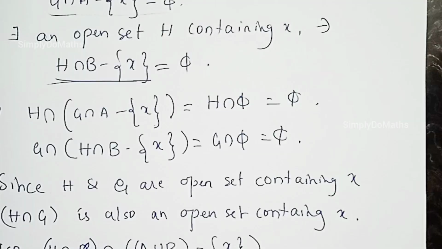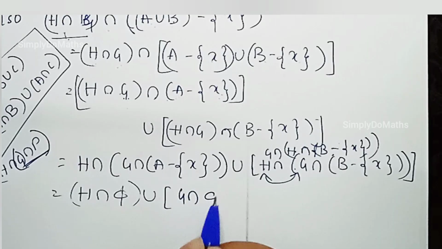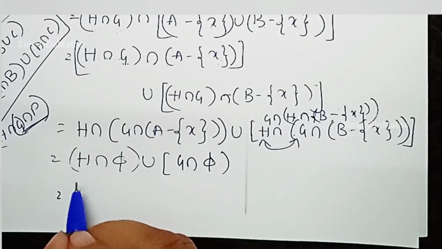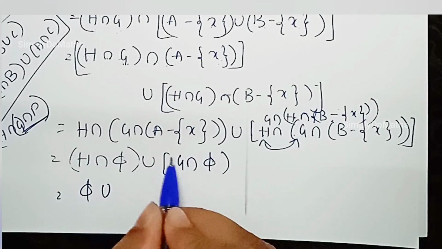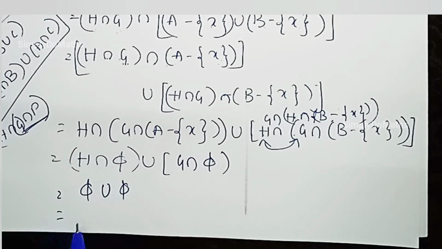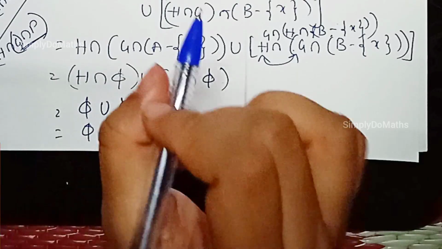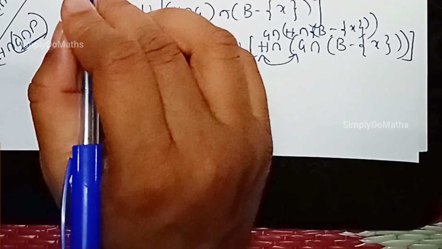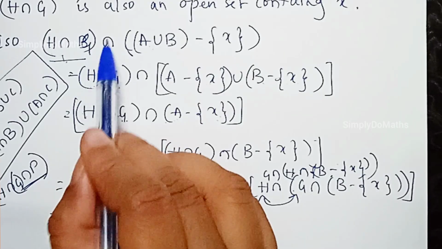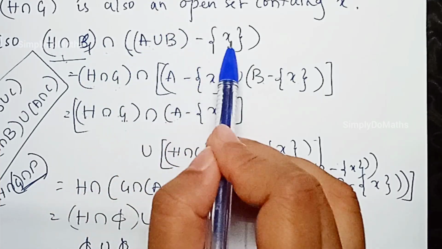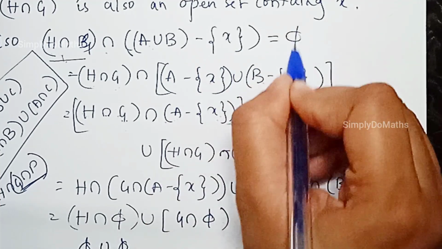H intersection (B minus singleton set X) is empty, so it will become G intersection empty. H intersection empty is empty itself, union G intersection empty is empty itself, empty union empty is empty itself. Therefore we got the condition that H intersection G, this is an open set, intersection this minus singleton set X is equal to empty.